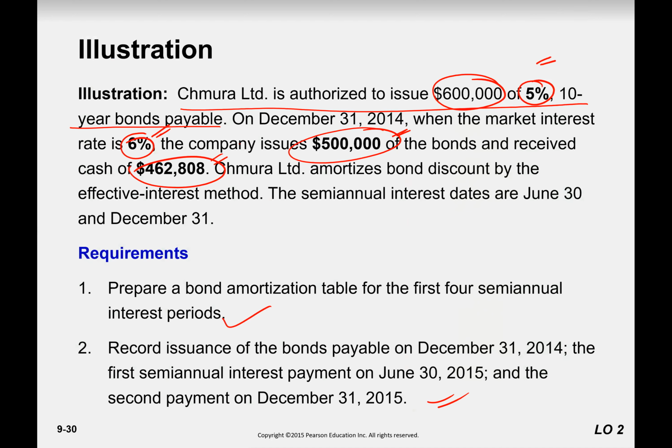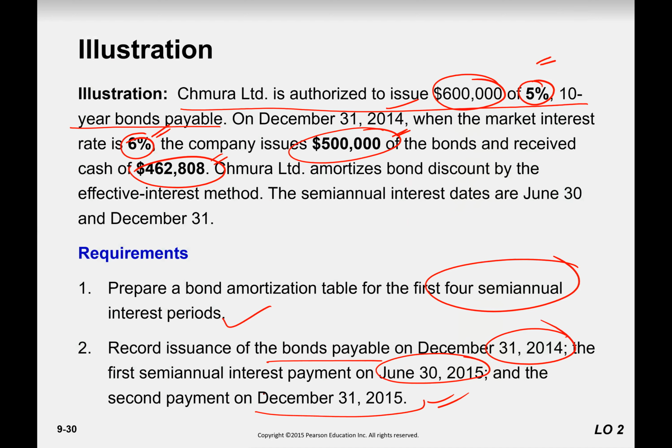So prepare a bond amortization for the first 4 semi-annual payments. So pause the video and try to answer this question here. And at the end, record the issuance of the bonds payable on 31st December 2014, the first semi-annual payment on June 30, and the second payment on December 31st.